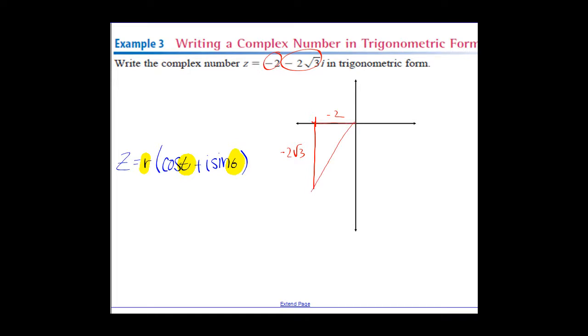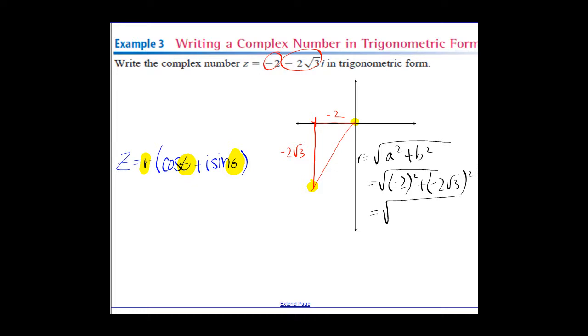So I know I need my r value, and the r value is the distance from the origin to this point plotted. So I can say that r is equal to the square root of a squared plus b squared. Well, my a was negative 2 squared plus my b value is negative 2 root 3 squared.